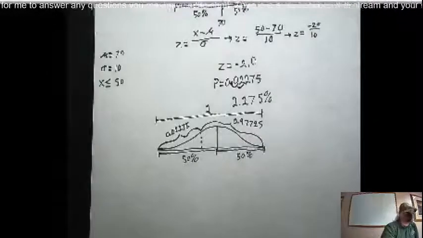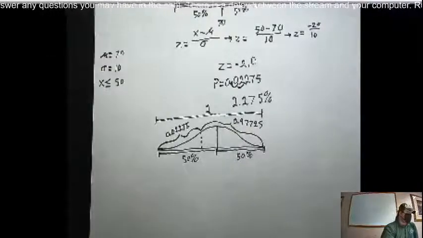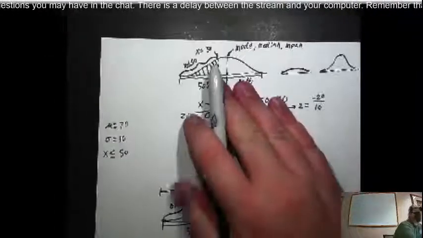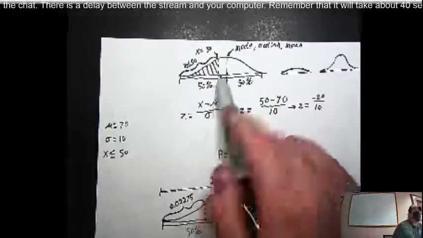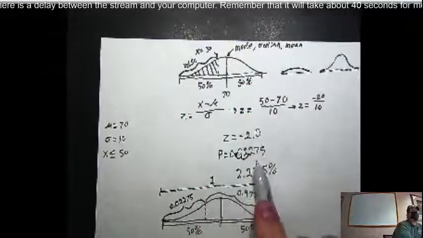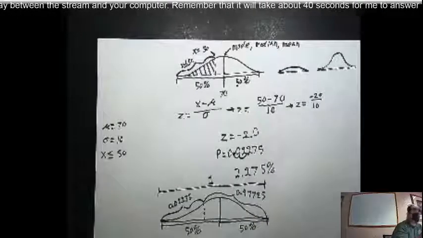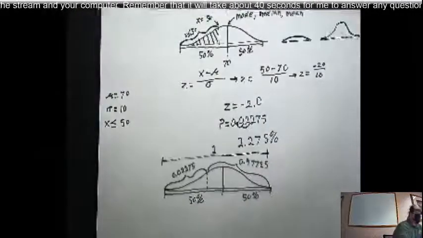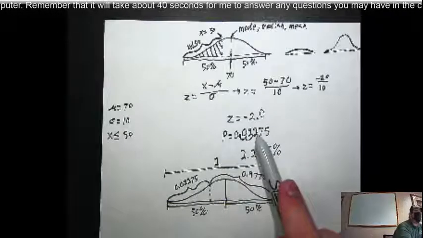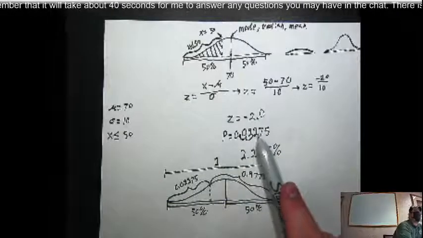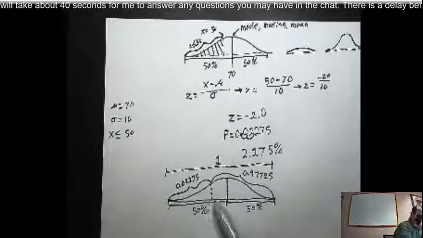Okay? So again, we can calculate below, and if that's what we want, it's pretty easy. We just plug in our numbers, get our z-score, and look it up. If we want to calculate above, though, we have that extra step. We do the same thing. Plug in our numbers, get our z-score, look up the probability. But again, this probability is only going to be below.